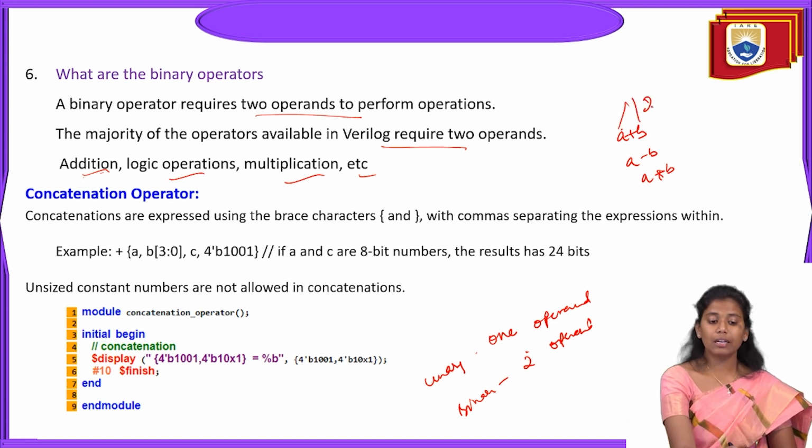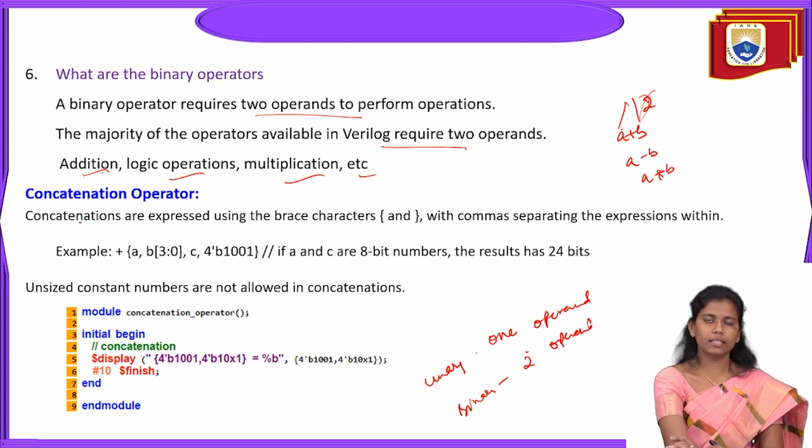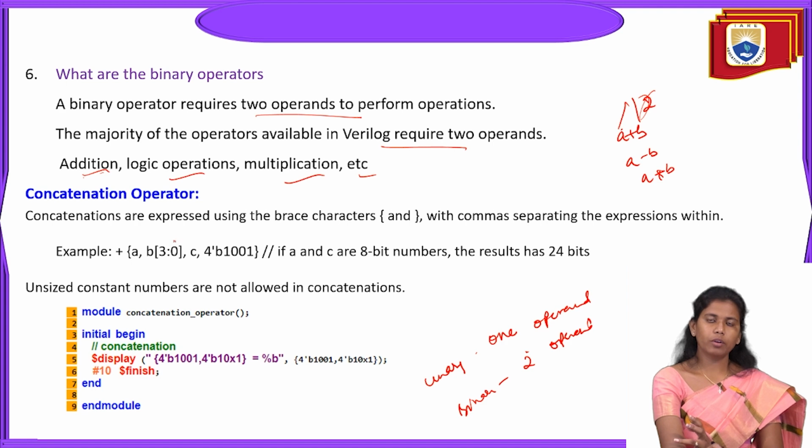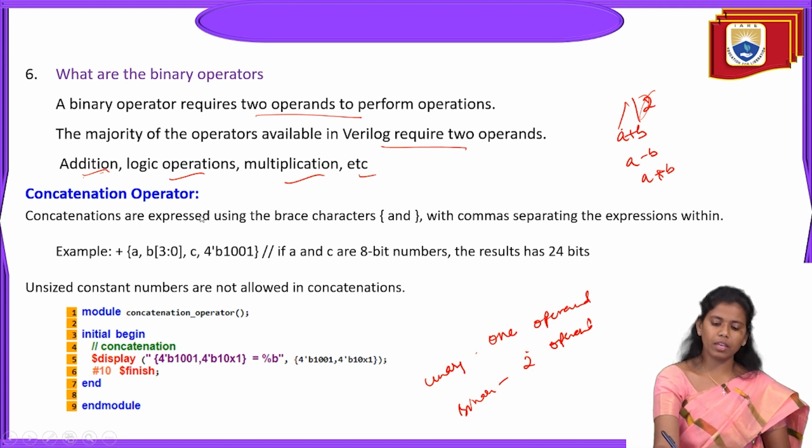And now we will see the concatenation operator. What does this word concatenation operator mean? We all know concatenation means clubbing, right? Getting together. Suppose I have A as 0, 1, 2 and B as 3, 4, 5, 6. Then the concatenation of A and B is 0, 1, 2, 3, 4, 5, 6.